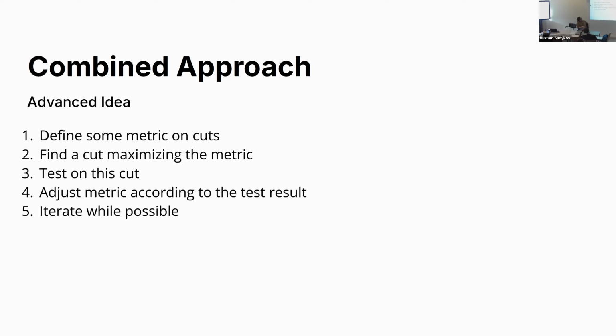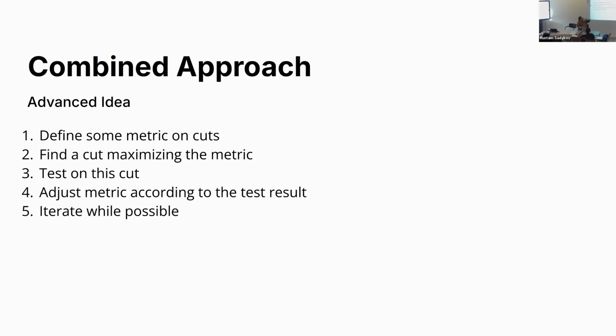For example, we can define some metric on the cuts, and then perform some sort of search on the cuts, trying to maximize the number of successfully deleted items per one test, leading to minimizing the number of tests.